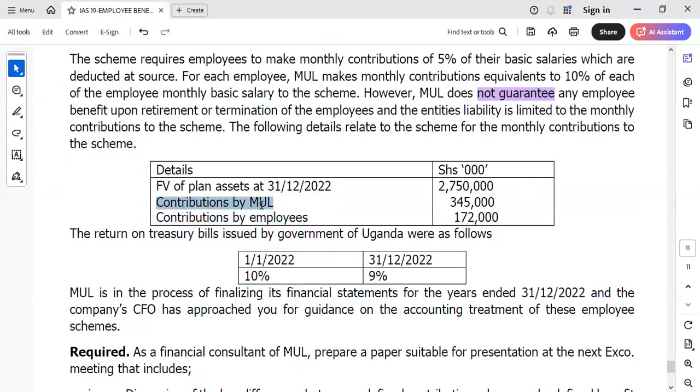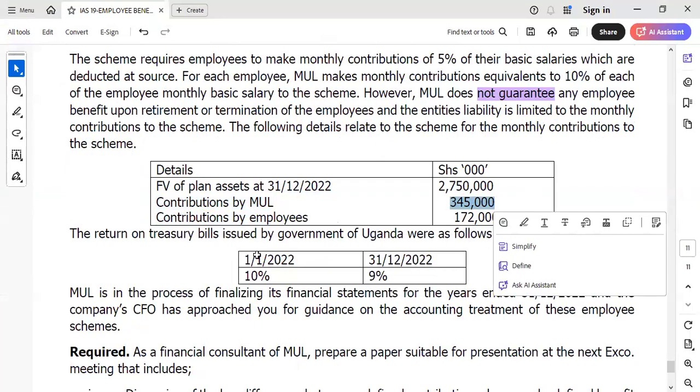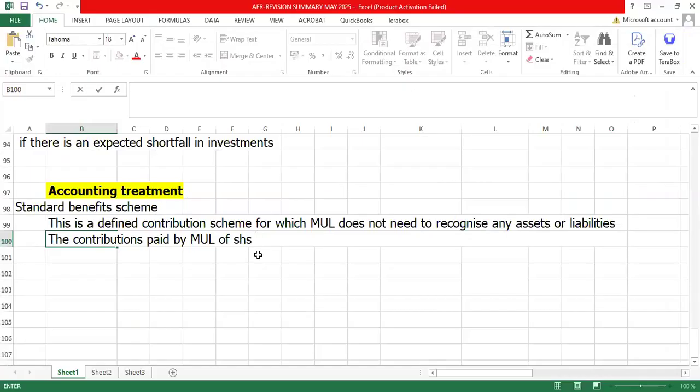The contributions by MOVE of shillings 345 million will be charged to profit or loss account as an expense, not an asset, as an expense.